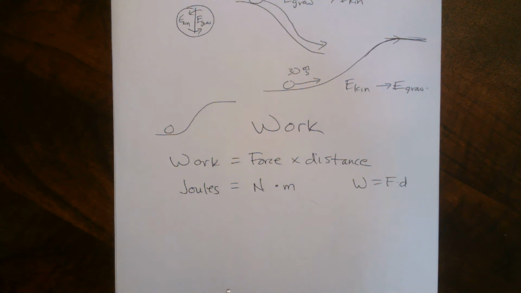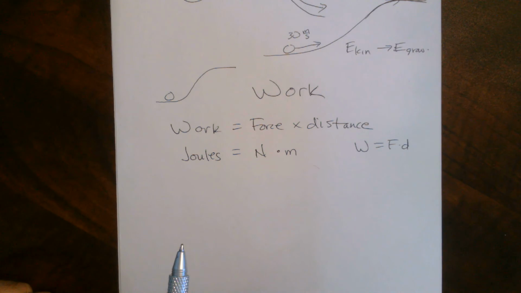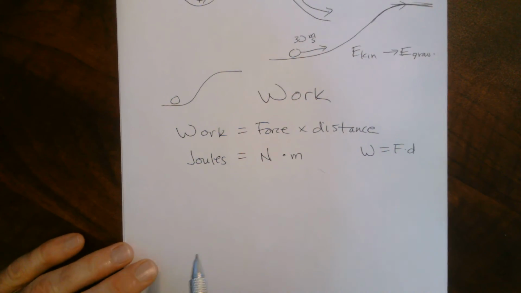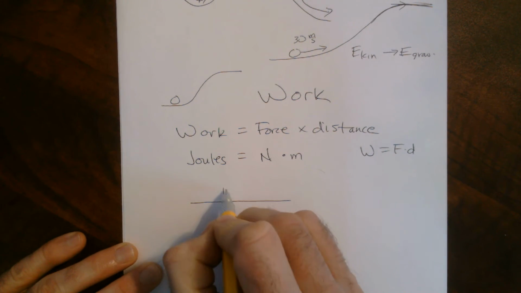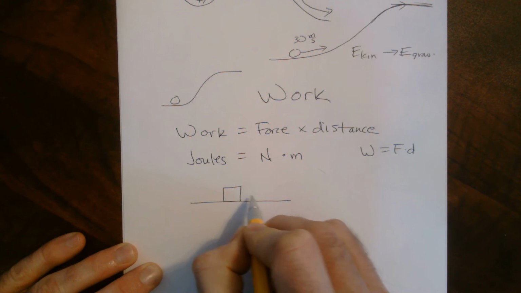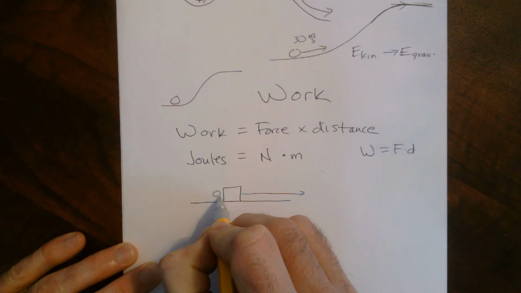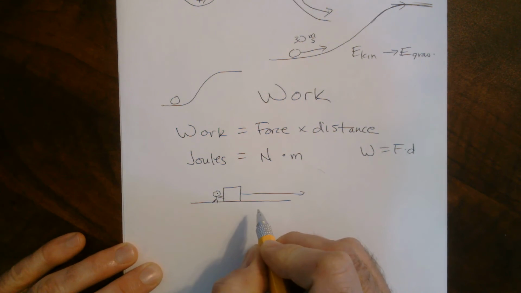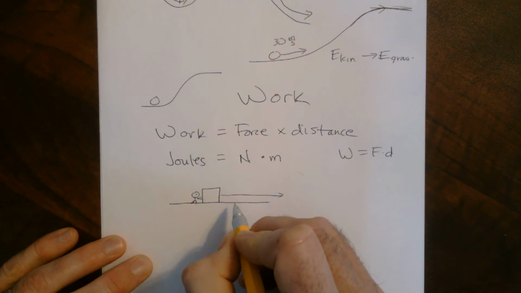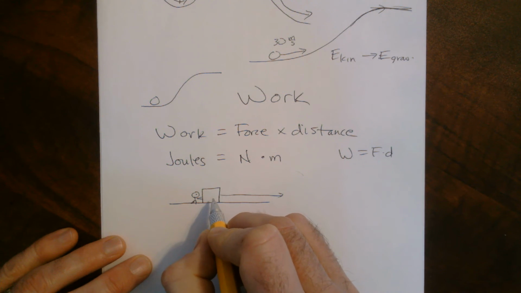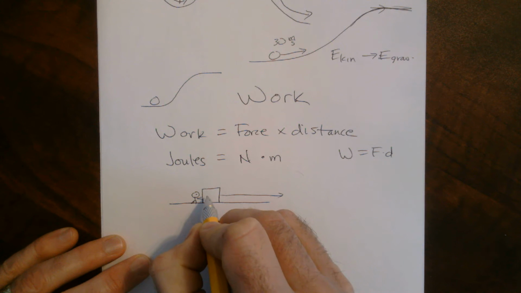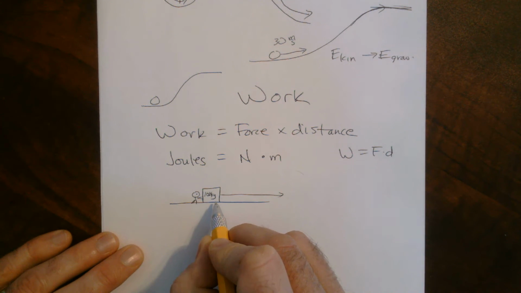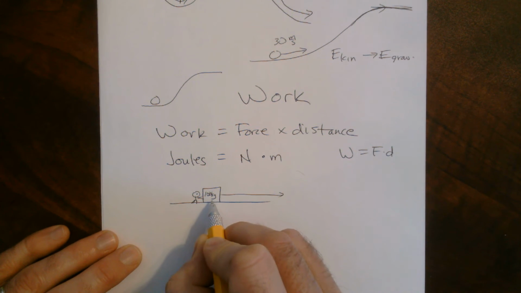Okay? So let's talk through some things that can be pretty simple with this, and then things that can be a little confusing. One example would be, let's say that you've got a box, and you're going to have a person pushing that box along. So let's say this box has a mass of 100 kilograms. If we have to apply force to it, we don't really care about the weight of the box.